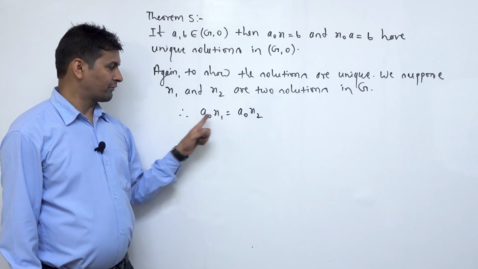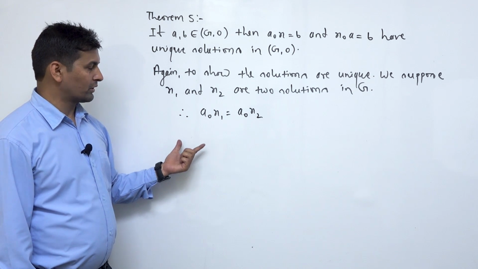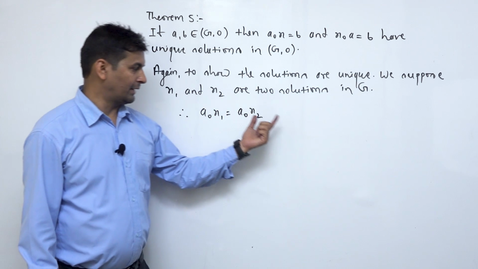Now we need to remove this a from here. How to remove this a? a is here in left side, so we need to operate both sides by a inverse on left.